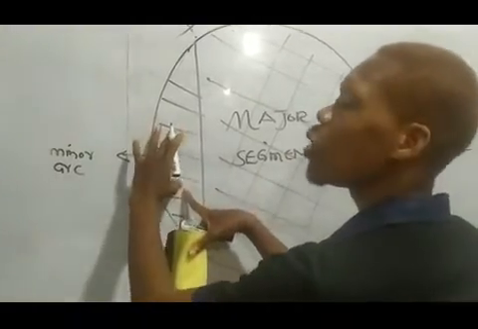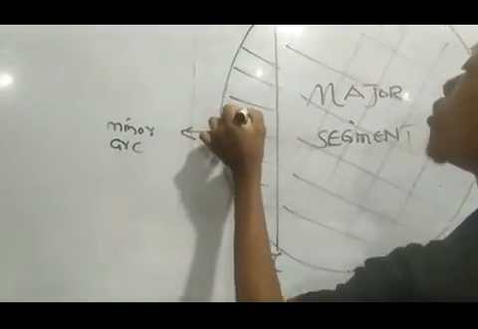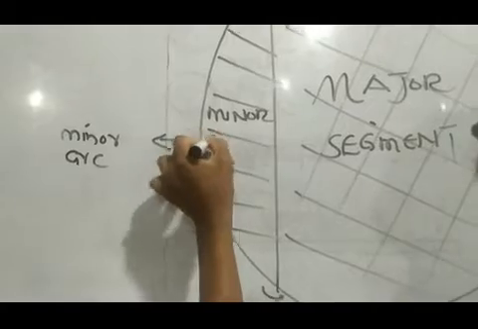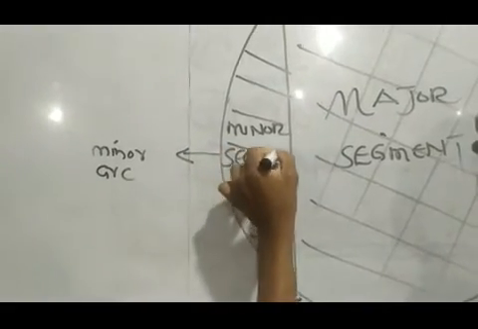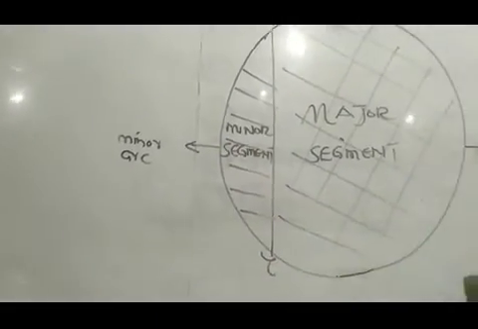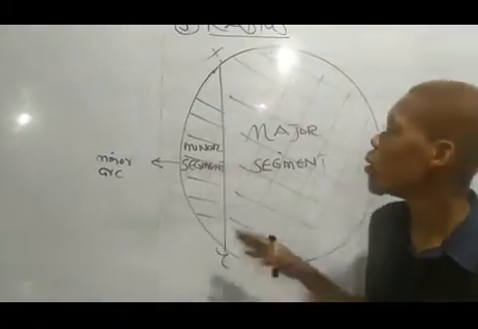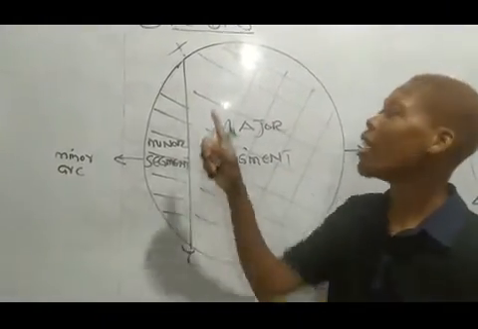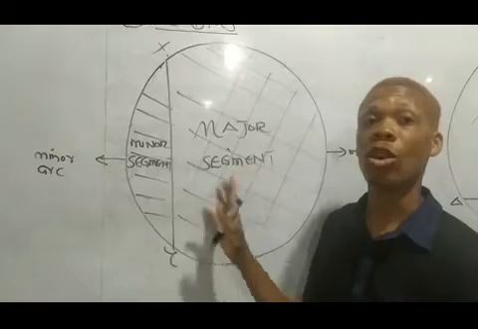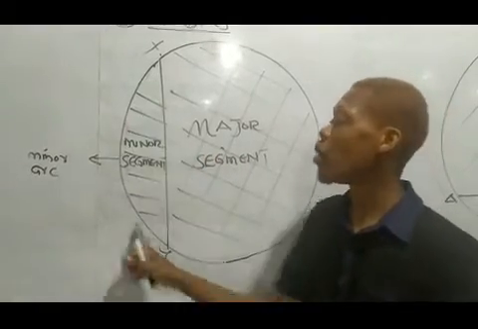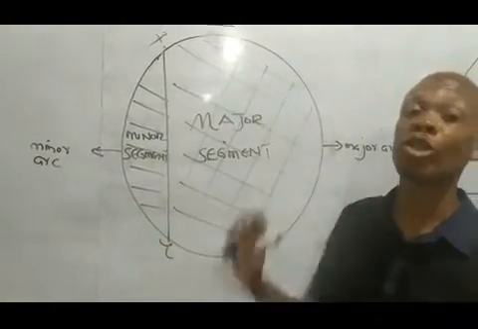And this being smaller, the minor segment. So the chord will always divide a circle into segments, major segment and minor segment, and it will divide the circumference also into arcs, minor arc and then major arc.